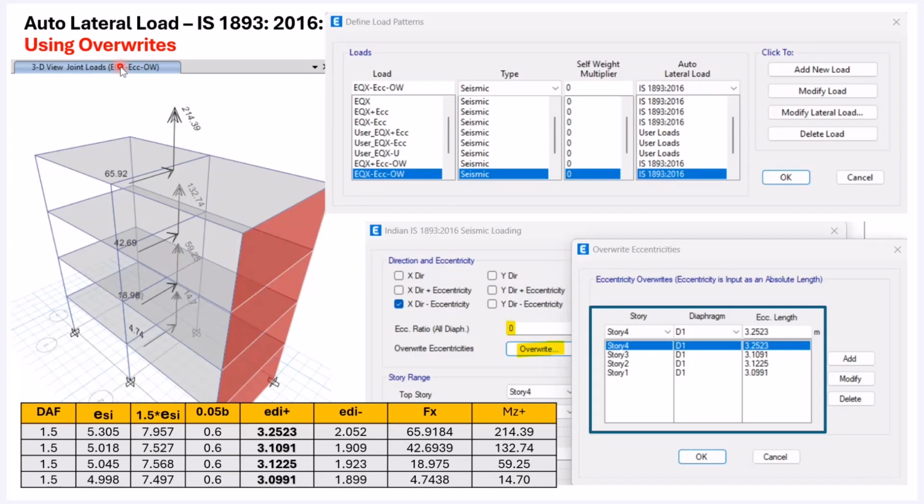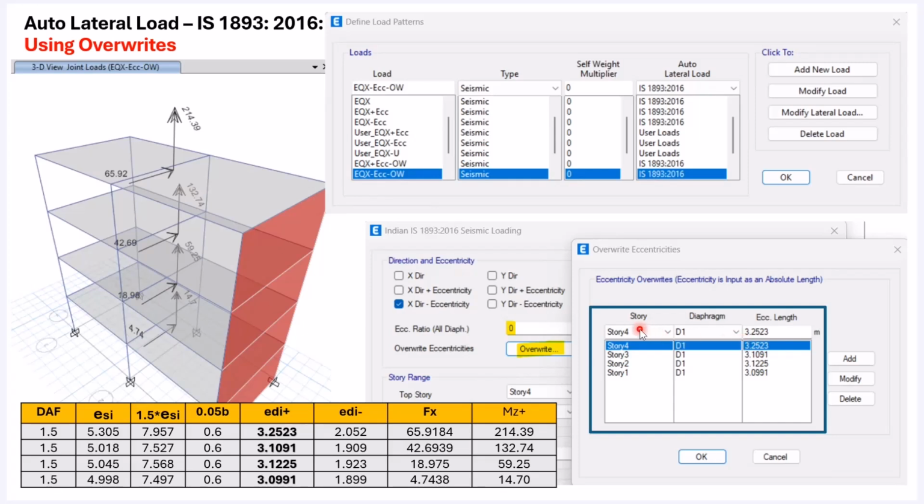And then when you're using the overrides, there is another load pattern which is showing that definition. And in the load pattern eccentricity, when the eccentricities are specified by the user, we will make this eccentricity ratio 0, and then we enter into the override form by pressing this override button.